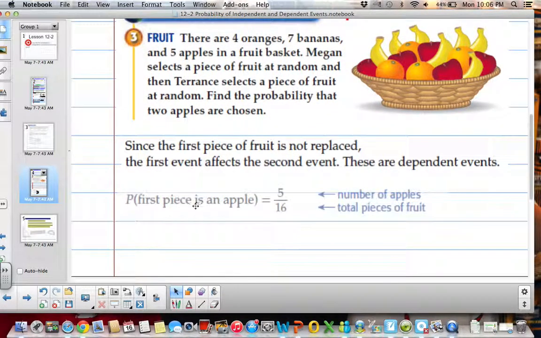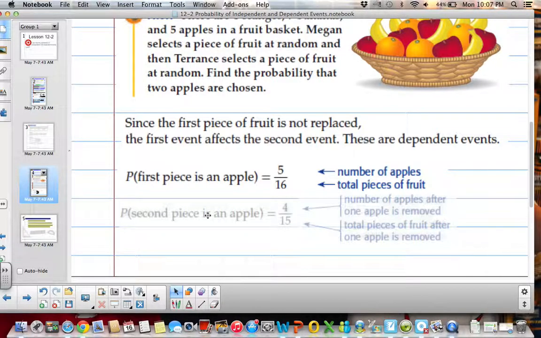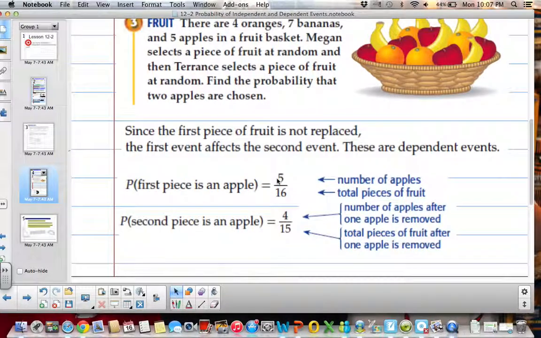So the probability that the first piece is an apple, we know, would be 5/16, because there's 5 apples, and then we get 16 by adding everything together. 5 plus 4 is 9, plus 7 is 16. So the probability of Megan getting an apple is 5/16. The probability that the second piece is an apple is that, so because she took one apple out, there's only 4 apples left in the fruit basket.